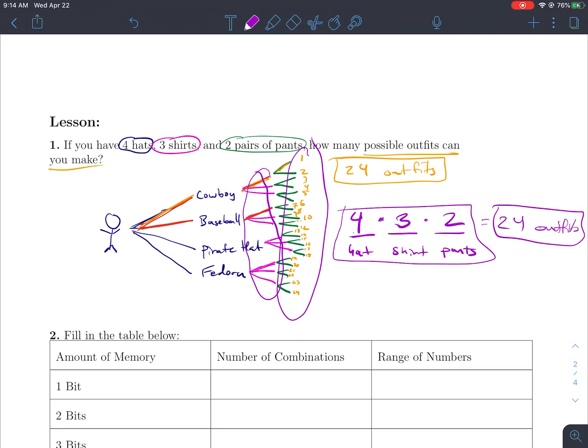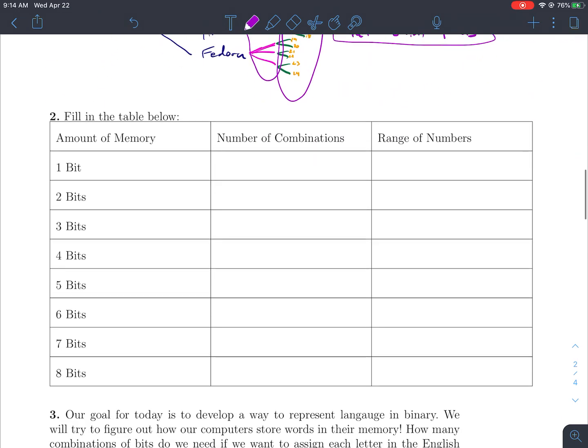All right, so let's take a look at this for bits now. How does this connect to what we were even trying to do? So fill in the table below. Well, with a single bit, we just have 1 slot, and we're choosing either a 0 or a 1. And so we can only make two combinations of information.